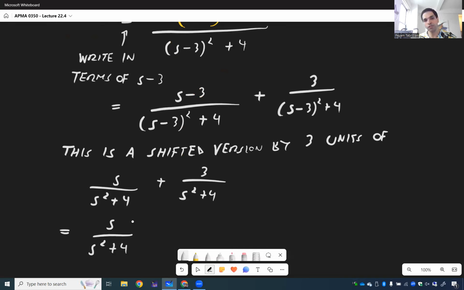But with sine of 2t, we need the 2, so 2 over s squared plus 4. And to make the numerator 3, you have to divide by 2, so 3/2 times 2. And again, now this becomes what we want.